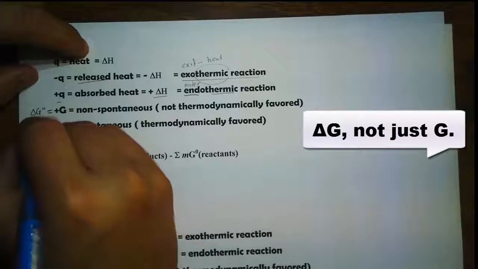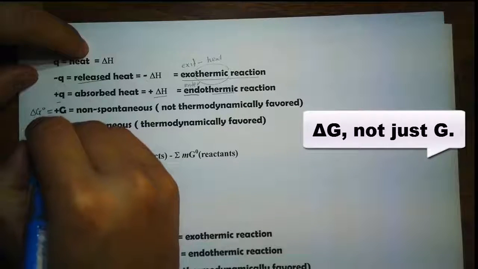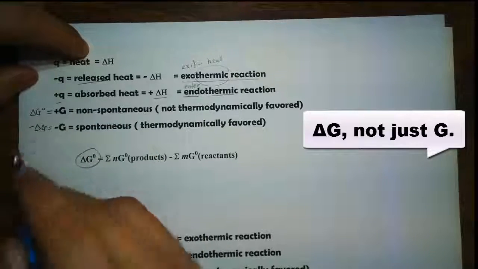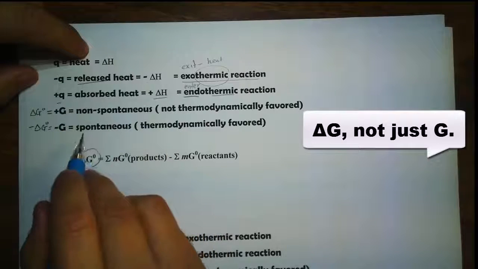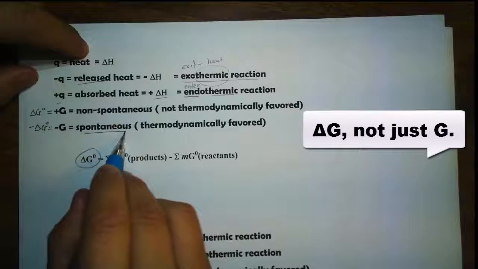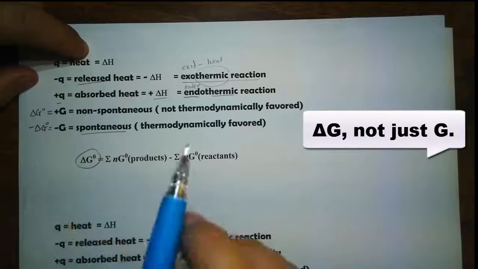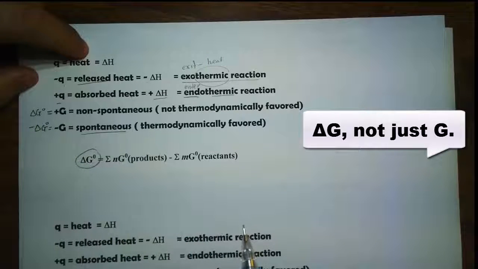Where if we have a negative delta G naught, this tells you that the reaction is spontaneous. So by looking at the change in G, we know if the reaction is spontaneous or not spontaneous.